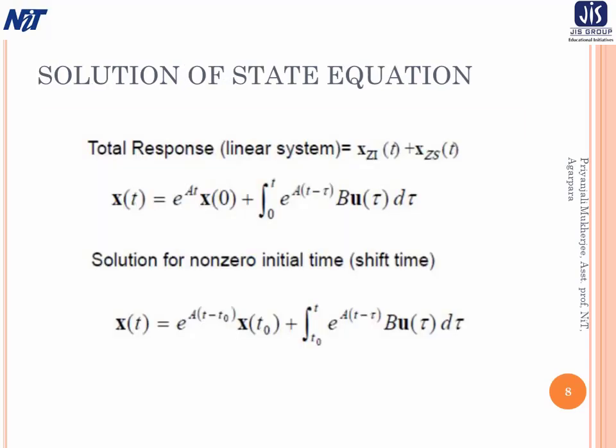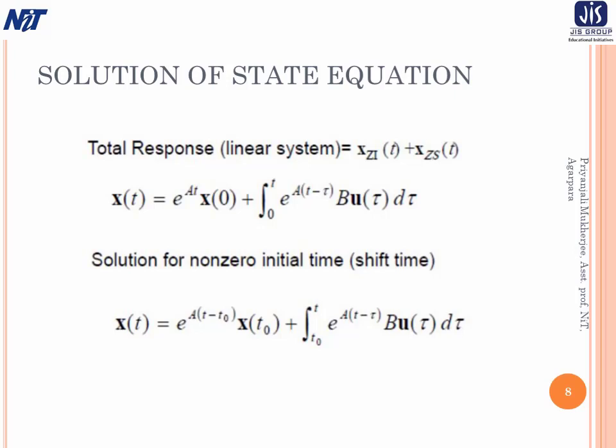So the total response of the linear system becomes the zero input response plus the zero state response. That is the summation of zero input and zero state. So x(t) mathematically can be represented as e to the power At into x0, where x0 is the initial state, plus the integration of e to the power A(t minus tau) Bu(tau) d tau, integration from 0 to t.